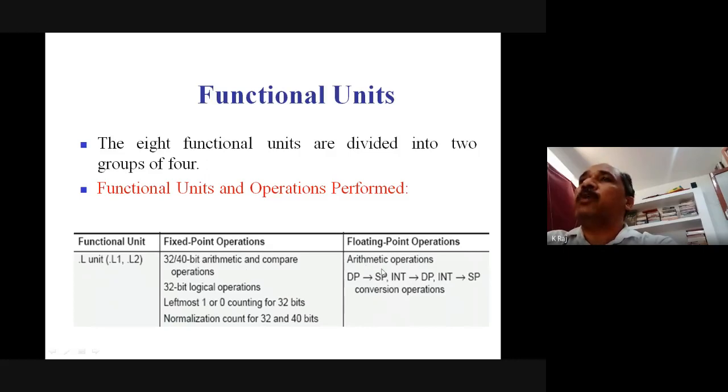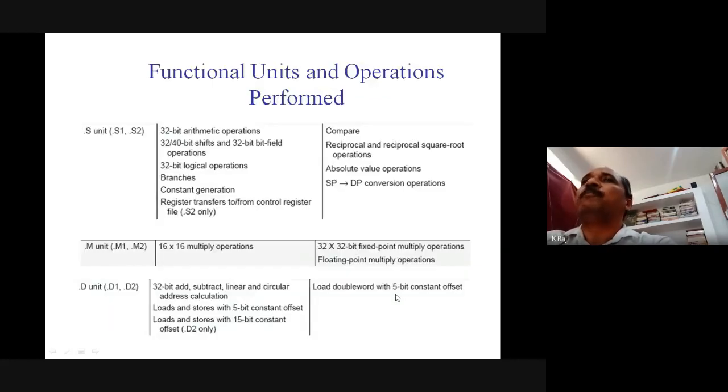Similarly, for floating point, the operations performed are arithmetic operations, DP to SP, double precision to single precision conversion, integer to DP, and integer to single precision conversion. So it performs arithmetic and conversion operations here.